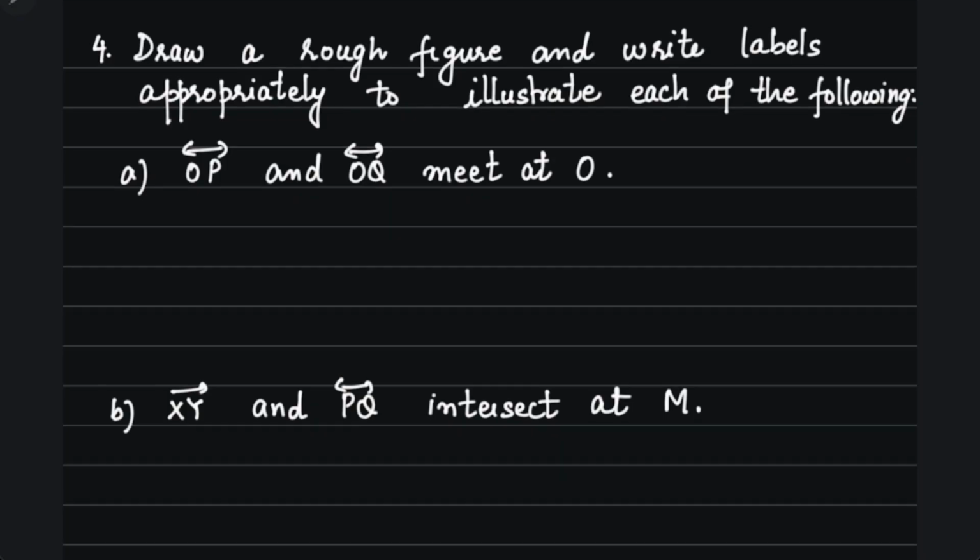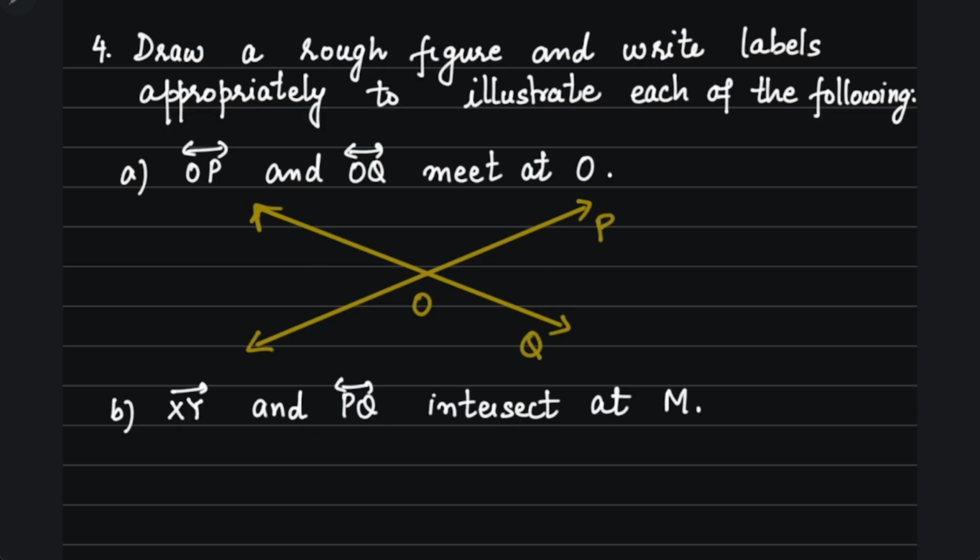Now draw a rough figure and write labels appropriately to illustrate each of the following. OP and OQ meet at O. So these are two rays. So we draw, suppose this is ray OP and ray OQ.